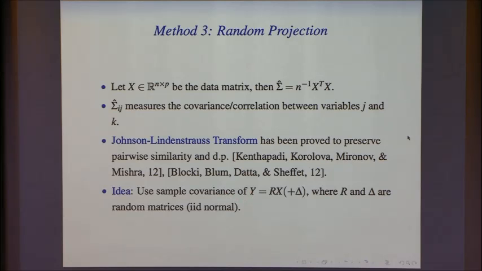So the challenge would be to develop a good bound. For the purpose of PCA, we only need the entry-wise error. So how do we optimally choose R or delta, so that the output is as accurate as possible?